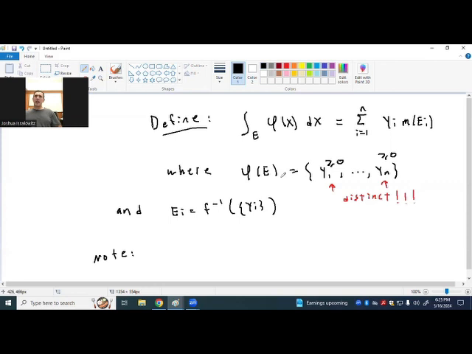So in this case, if these two are true, it's basically trivial that my non-negative simple function can be written as the sum of y_i times the characteristic function of E_i.